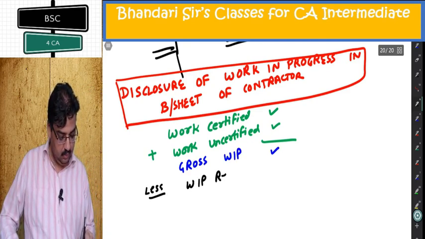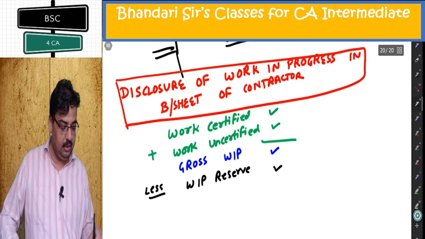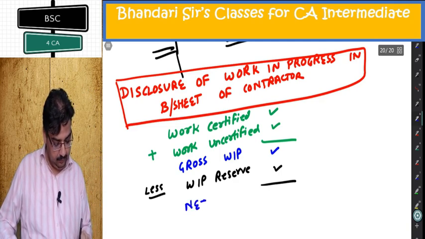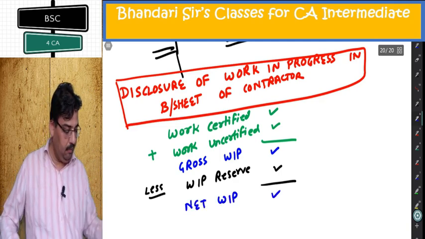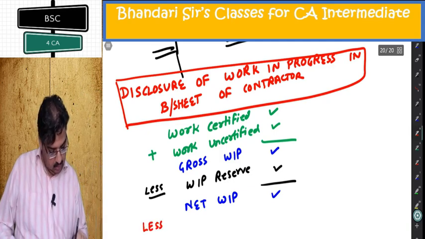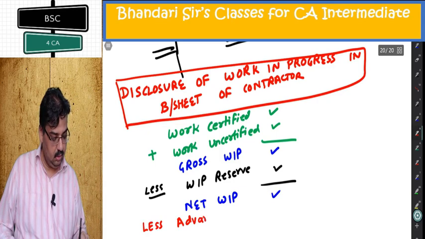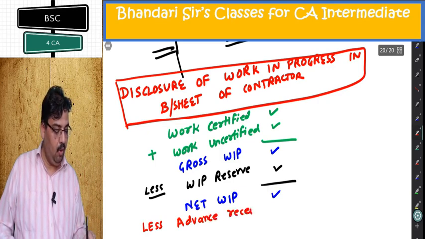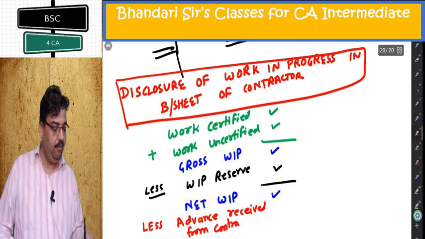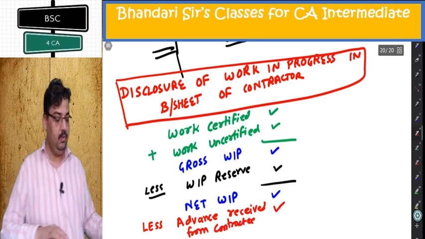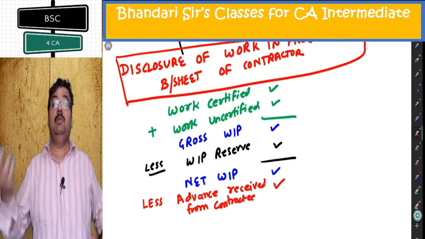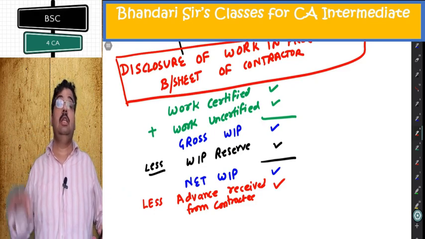Less WIP reserve, what I get is net WIP. Less advance received from contractee. Every year, whatever was the credit balance of the contractee account is termed as advance received from contractee.